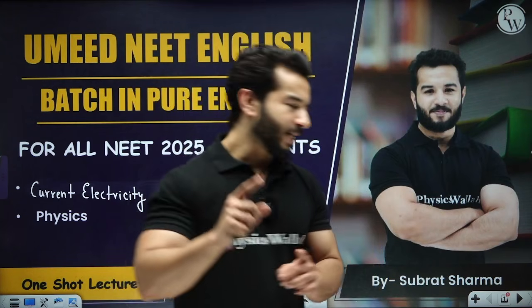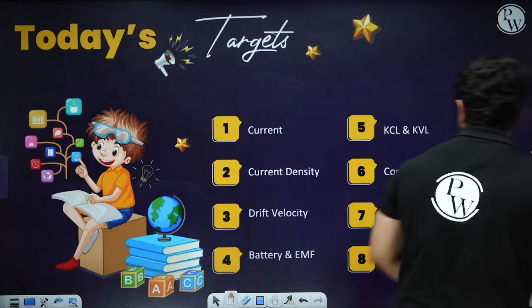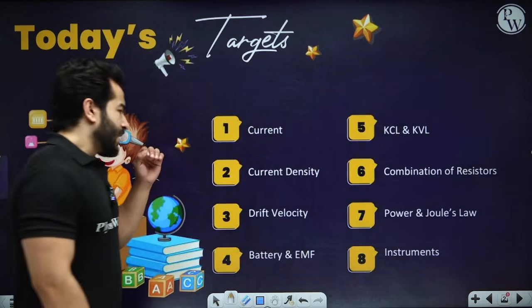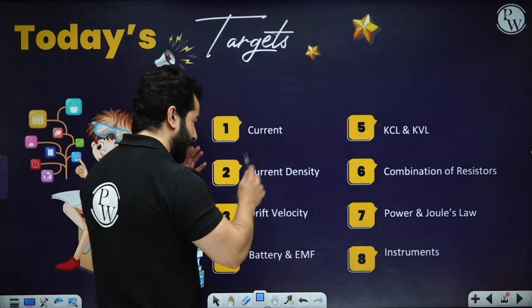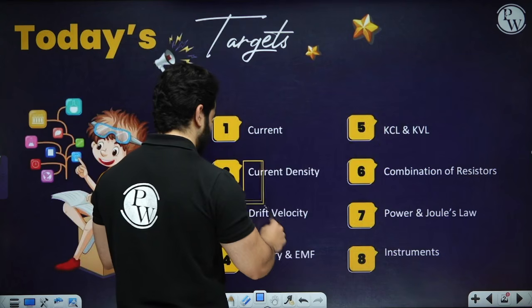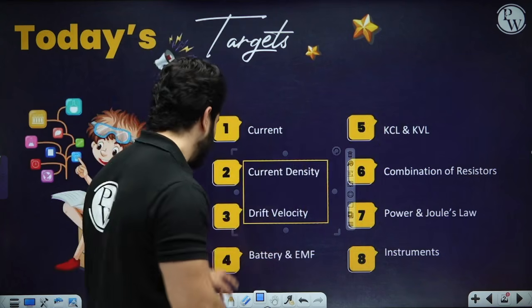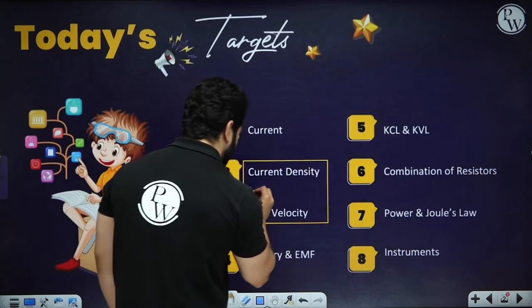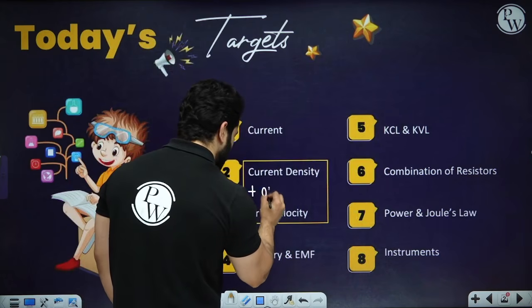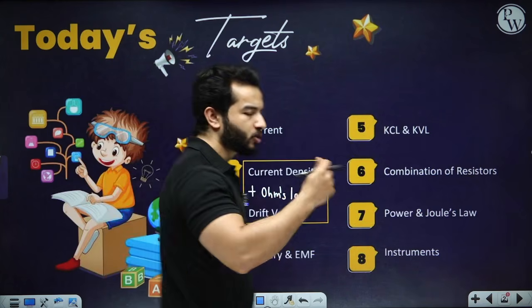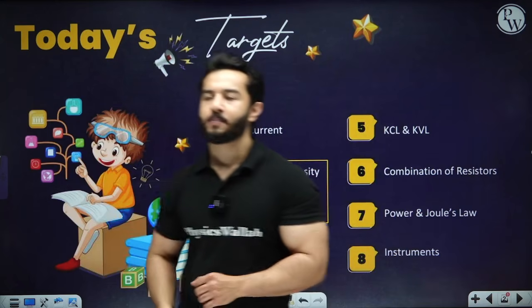Alright, so without any delay, let's first look at the topics that we are going to do in today's class. Obviously, we are going to start with current. Then the most important part of the first section of this chapter is current density, drift velocity, and along with this, we are also going to talk about Ohm's law and all the relations, right? And then we are going to discuss numericals regarding that.